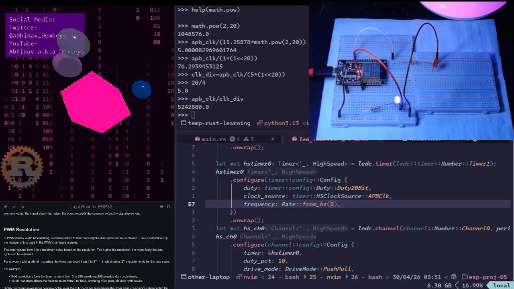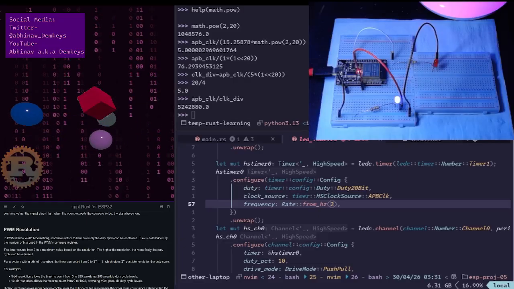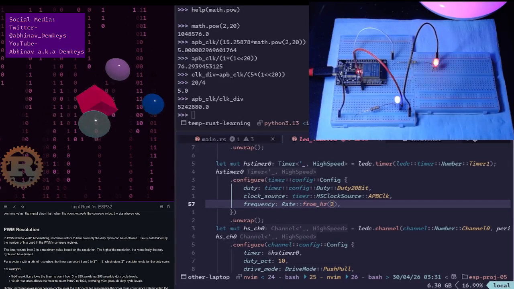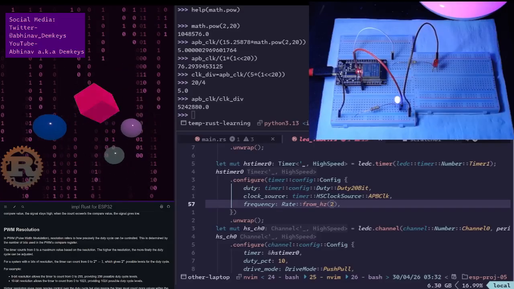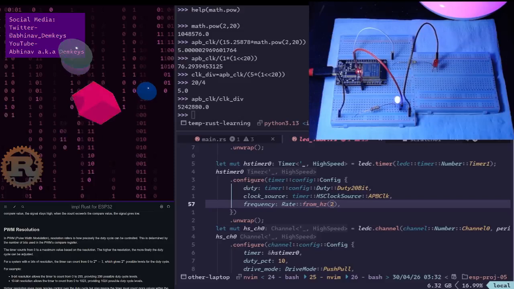So that's within your PWM frequency, not your base clock frequency. And yeah, that's what I've been kind of obsessing over for the past couple of days at this point.